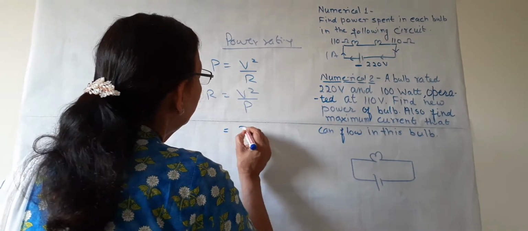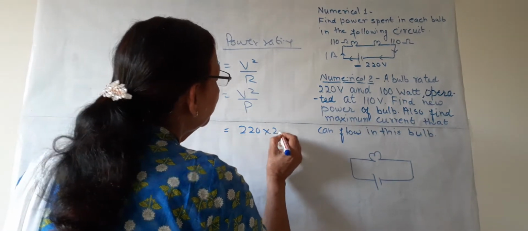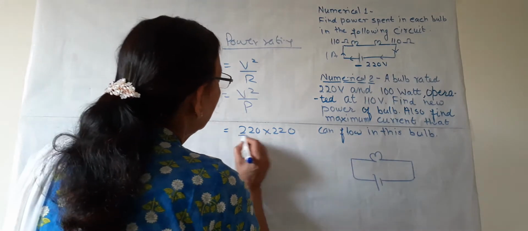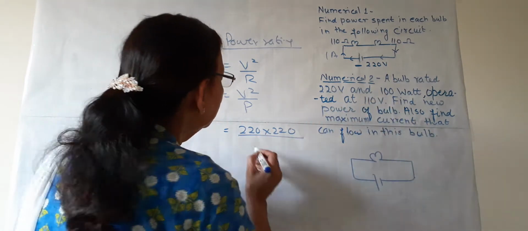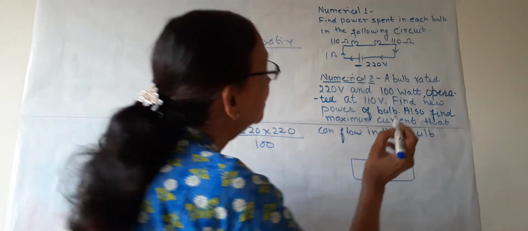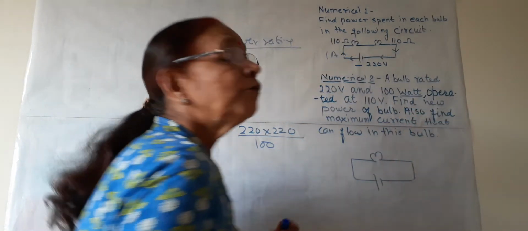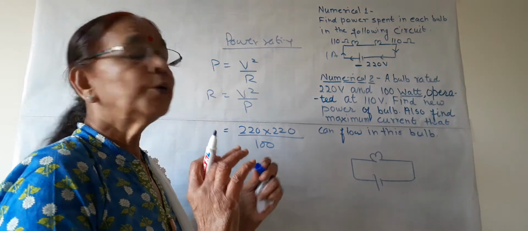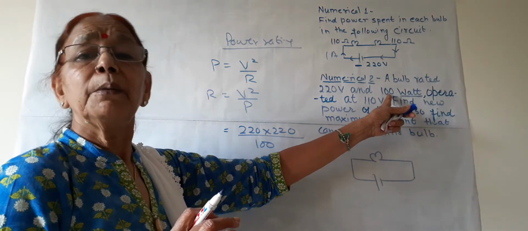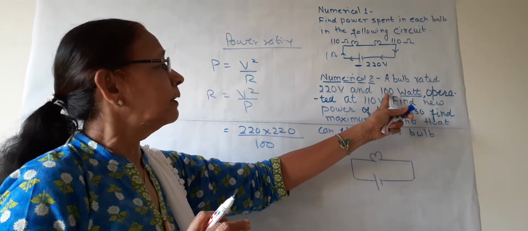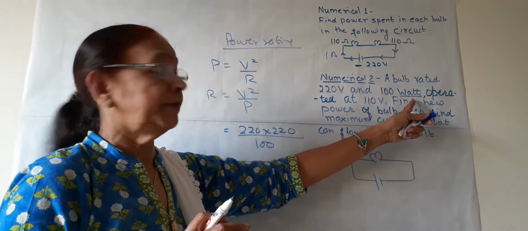What is V? V is 220 into 220, as it is square, divided by P. P is 100 watt. You just see this unit. When watt is written, you should know it is power. By unit we can recognize 100 is power.